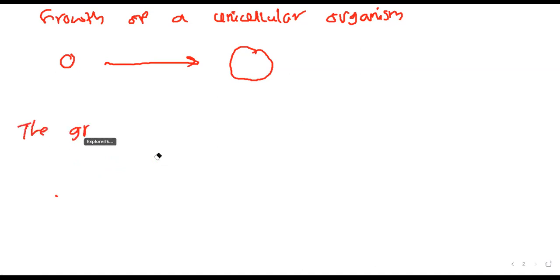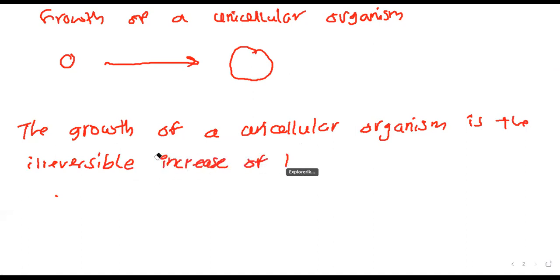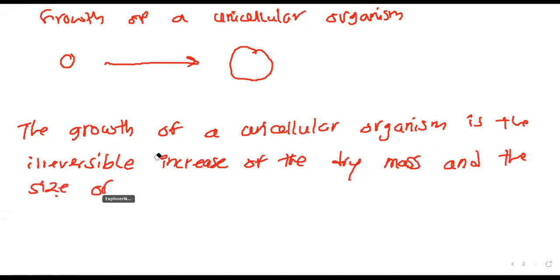The growth of a unicellular organism is the irreversible increase of the dry mass and the size of the cell, right?